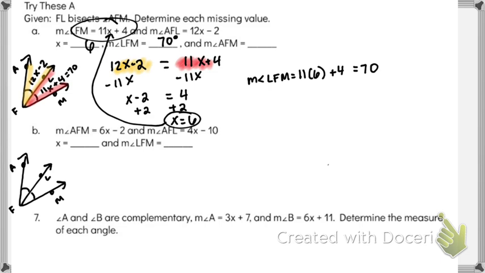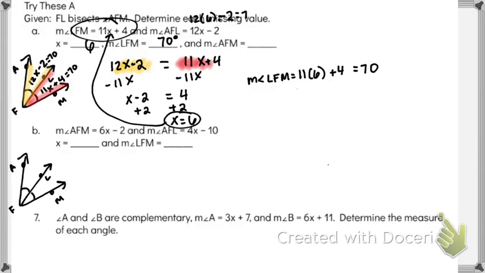So I could have done 12 times 6 right here, and then minus 2. If I did it properly, it should be 70, just like the other one. 12 times 6 is 72, minus 2 is 70. So I know that this one was also 70.